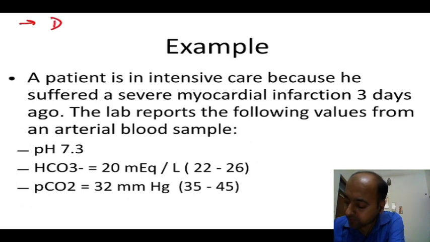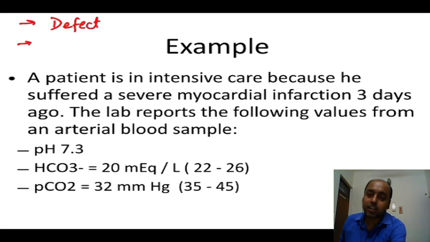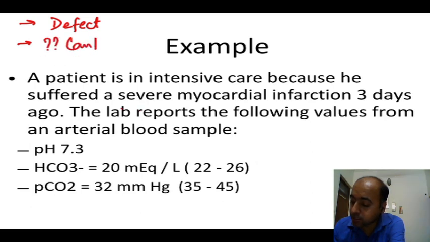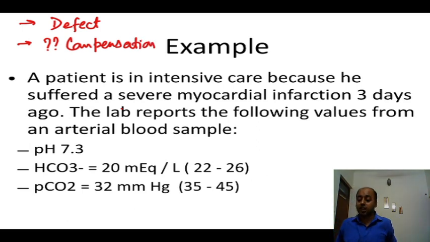First, the defect, whether it is acidosis or alkalosis, and which type, respiratory or metabolic, and whether compensation is there or not. If it is there, what is the type of compensation? I'm waiting for your answers.